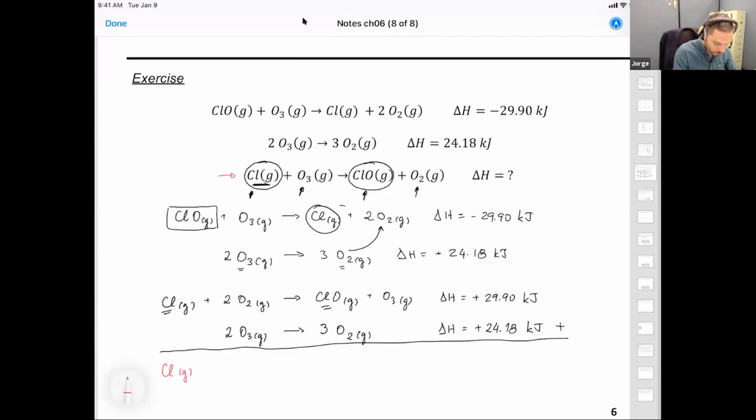If we have 2 on the left and 3 on the right, the net is 1 on the right. So therefore, after adding the 2 reactions, we will end up with 1 oxygen on the right side of the net equation.